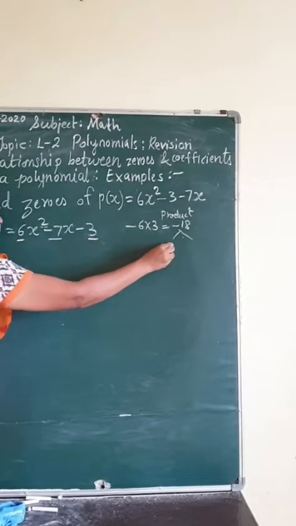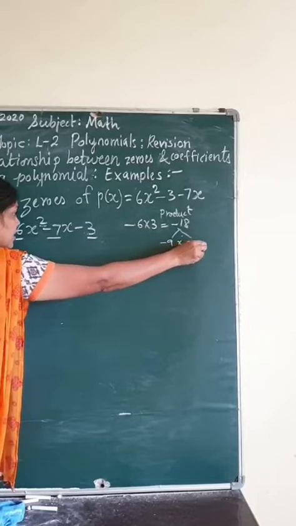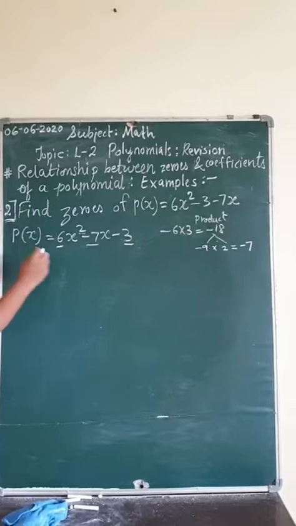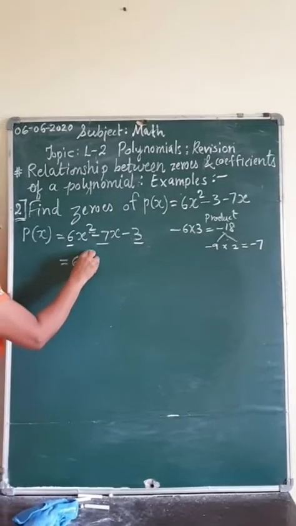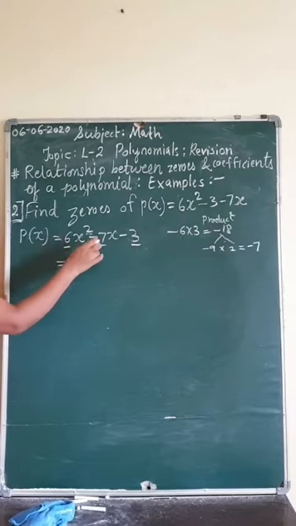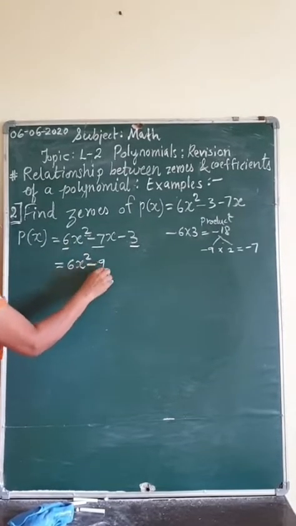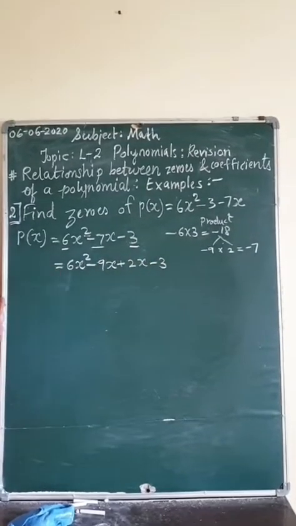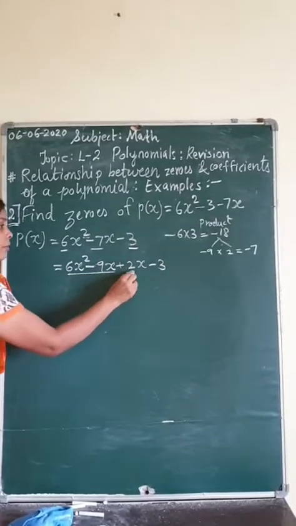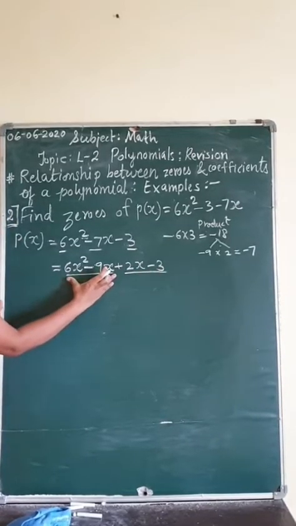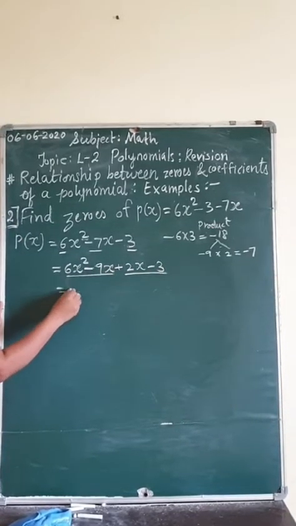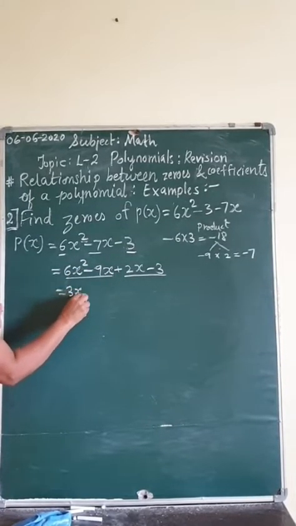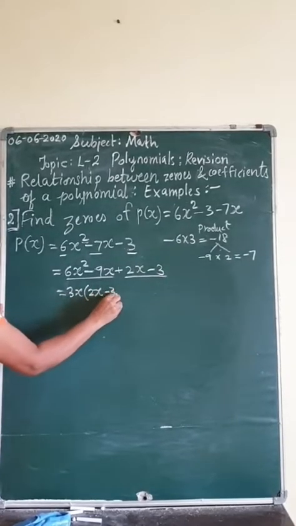So here we get -9 and 2, which give the sum as -7, the coefficient of the middle term. Accordingly, we are solving this expression as 6x square minus 9x plus 2x minus 3, and then we group these two terms and find the common factor, which we get as 3x into 2x minus 3.